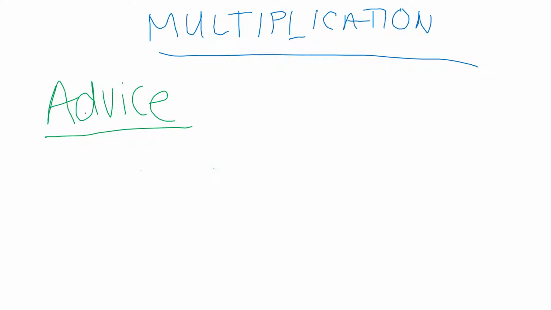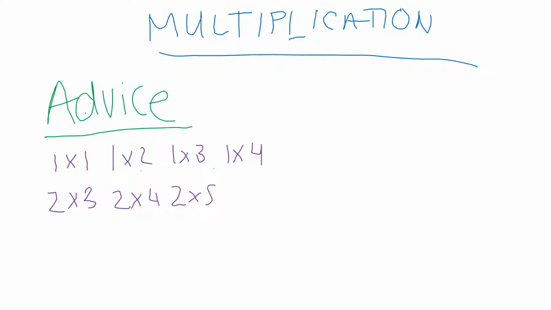So when I talk about that, I'm talking about 1 times 1, and then 1 times 2, and 1 times 3, 1 times 4, and then say 2 times 3, and 2 times 4, and 2 times 5. All these facts where we're multiplying single digits together, so our 1 through 9s, those digits, when they're getting multiplied together, you should memorize them.